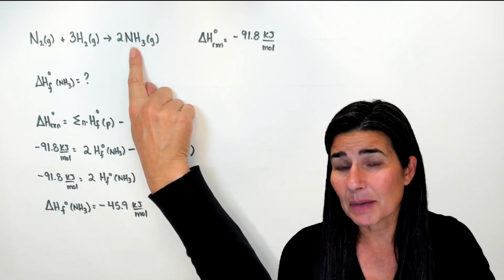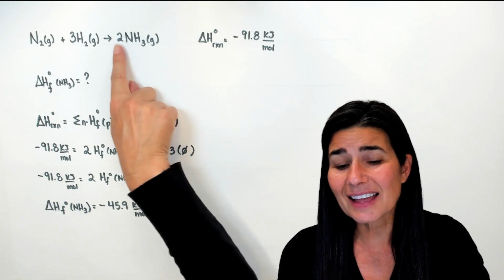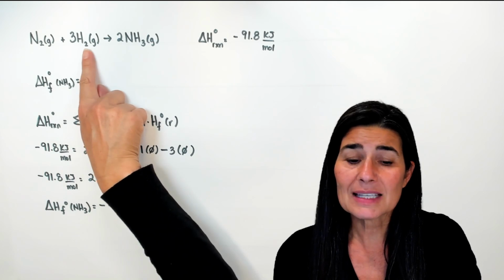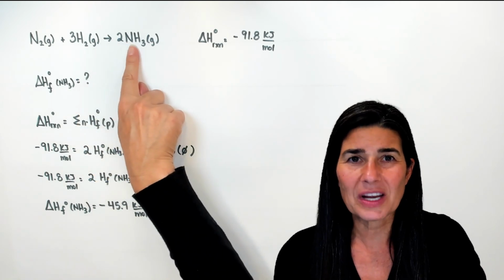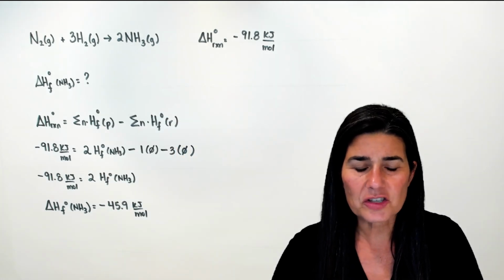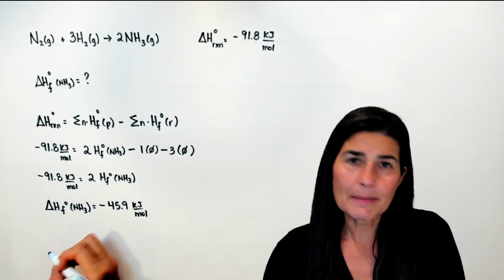All that has to happen for us to call this a formation reaction is we need to make not 2 moles of ammonia from the elements, but we need to make 1 mole of ammonia from its elements. So if I took this particular reaction and I multiplied everything by a half, let me rewrite it.